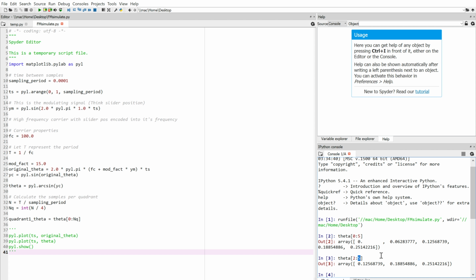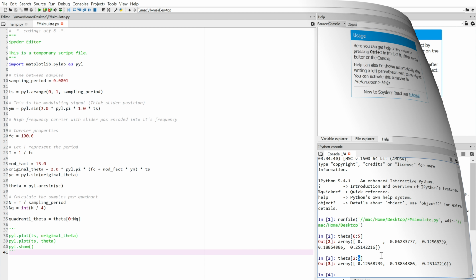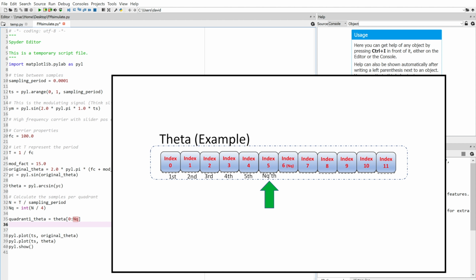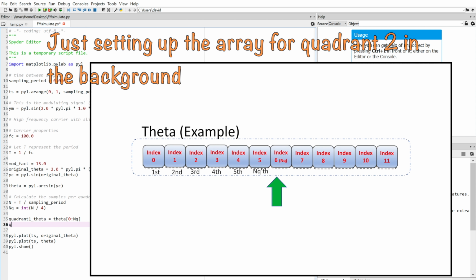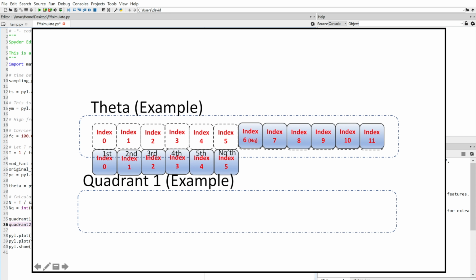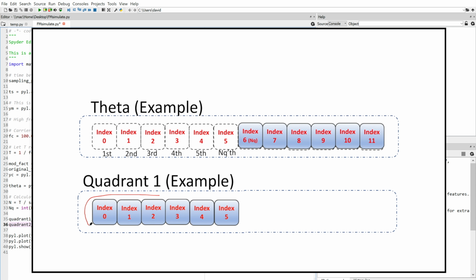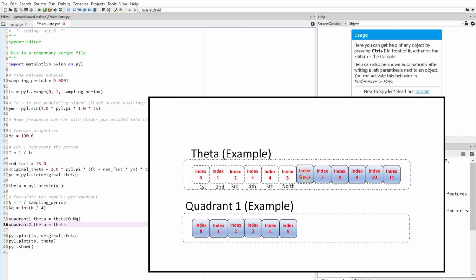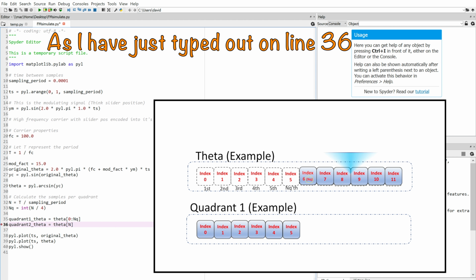If this was a 6, it would point to the 6th element in the array, which happens to be index 5. If NQ was pointing to the NQth position in the array theta, then we know that the next index, which would be index NQ, would not have been copied into the quadrant 1 array. With there being NQ samples per quadrant, this would ensure that index NQ will point to the first sampled angle of quadrant 2.